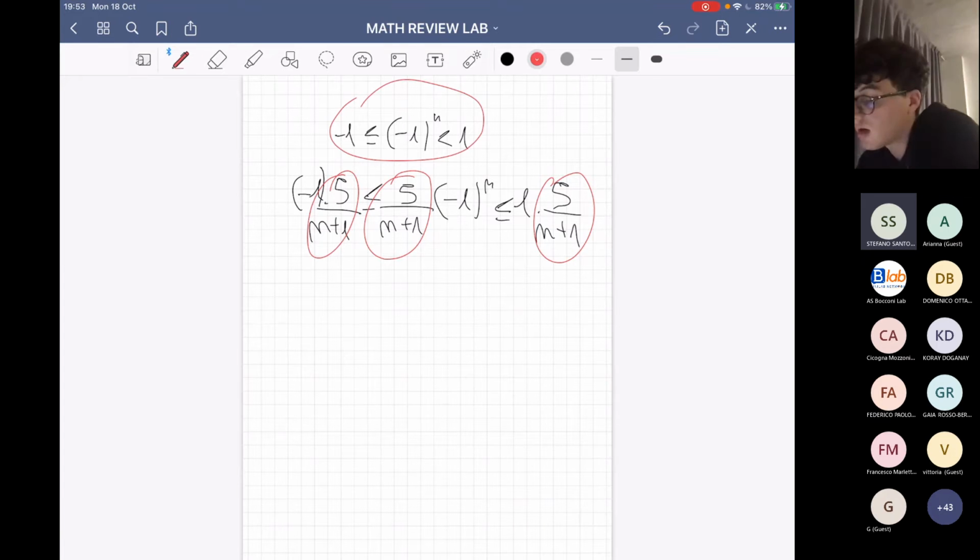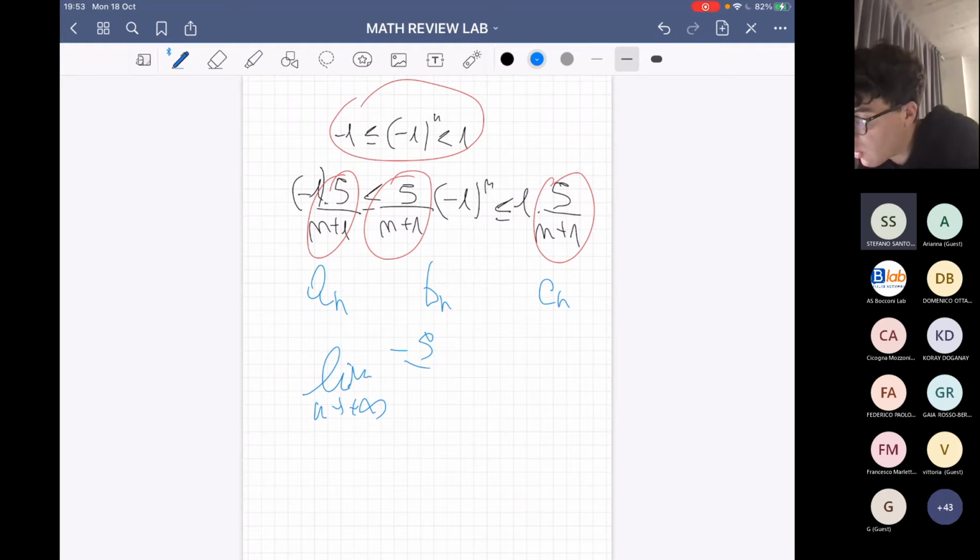Why can we apply the comparison theorem? Because this would be an, this would be bn, and this would be cn. For an, we apply the limit as n tends to positive infinity of -5 over n plus 1, which is a number over infinity, so it's 0.